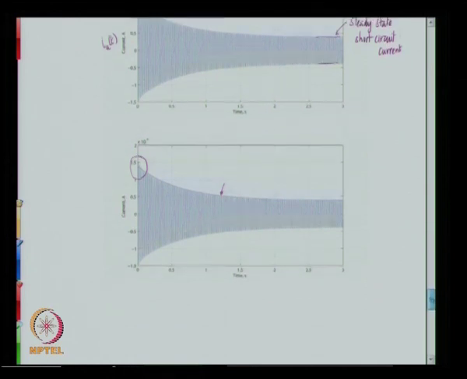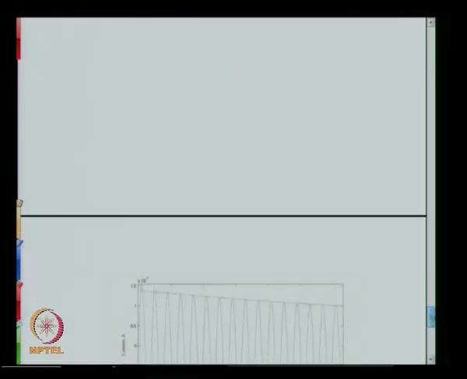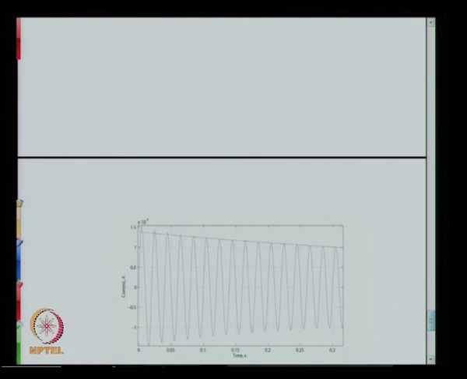We notice however that there is a small difference. If we zoom into that region, we see that this exponential envelope, while it grazes the maximum amplitudes of the sine wave, as it reaches near t equal to 0 you find that the actual amplitude of the sine wave is larger than what the exponential envelope says.